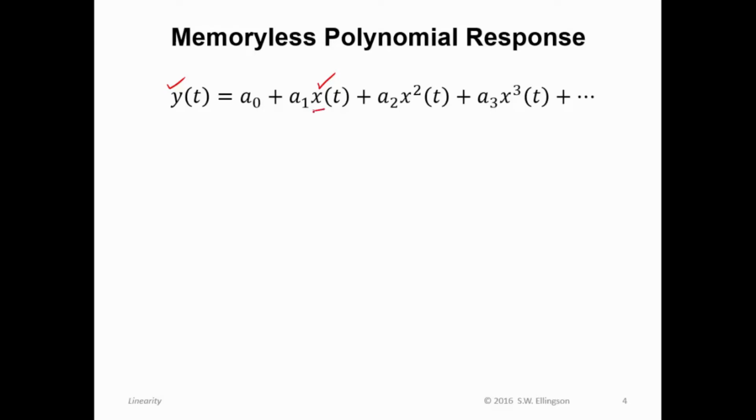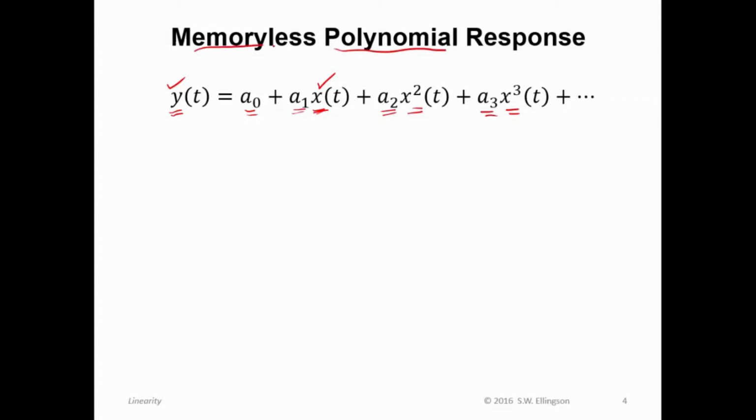So x is the input, y is the output, and the relationship between the two is given by this polynomial, where we see some constant plus the input times a constant plus the input squared times a constant plus the input cubed times a constant, and so on, up to potentially any number of terms. Now that's what we mean by polynomial.